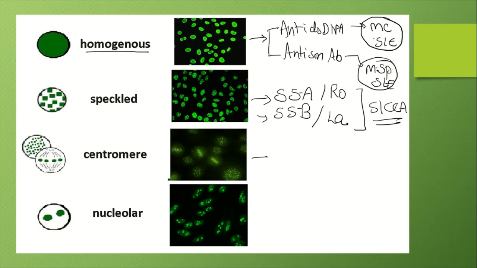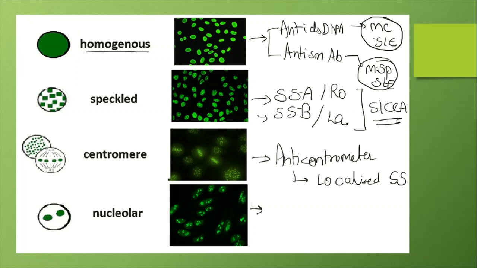Whereas a centromeric pattern of anti-nuclear antibodies is seen with anti-centromere antibodies. Very simple to remember, anti-centromere antibodies, and this is associated with localized systemic sclerosis. Whereas the nucleolar pattern occurs because of anti-topoisomerase 1. This is associated with diffuse cutaneous systemic sclerosis.